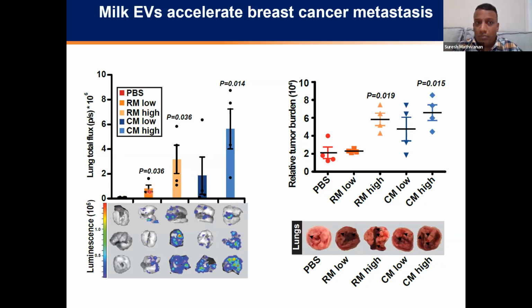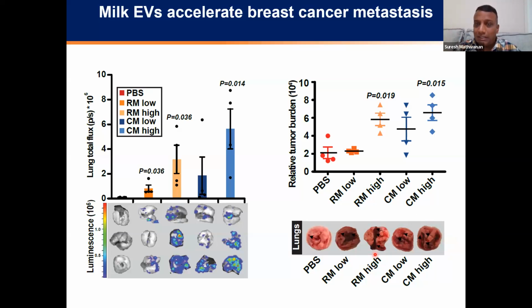You can see the raw milk low, both of them have a higher metastatic rate, as also with the commercial milk high group. You can also look at the relative tumor burden, which is nothing but qPCR for mCherry, which is only present in the cancer cells. You can see here that all the groups have a higher metastatic burden, especially the high groups, compared to the PBS alone group. You can also look at the visible metastasis, which is higher in the milk-treated group.